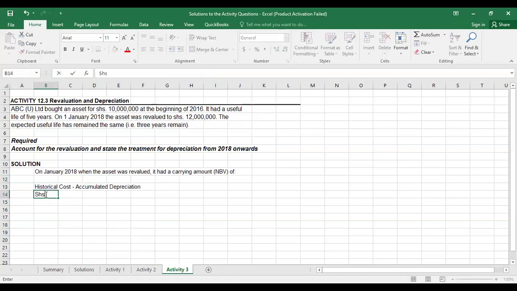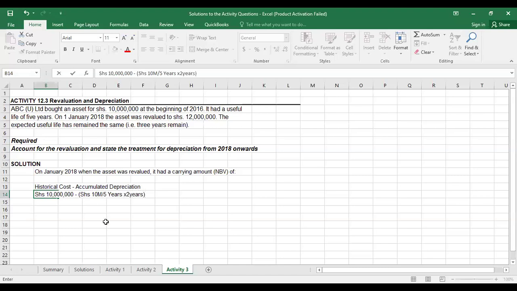So which is shillings 10 million minus shillings 10 million over 5 years times 2 years.